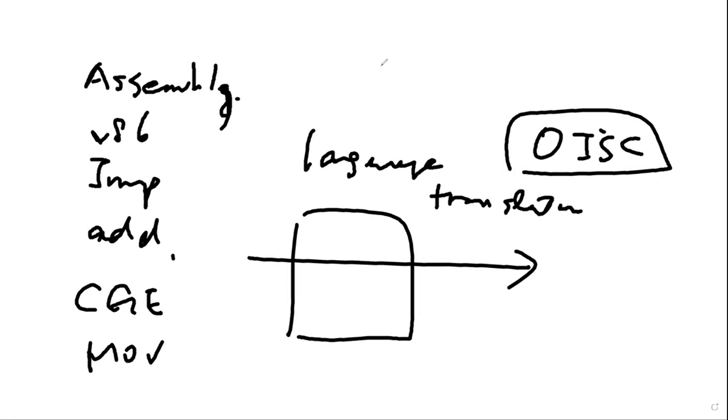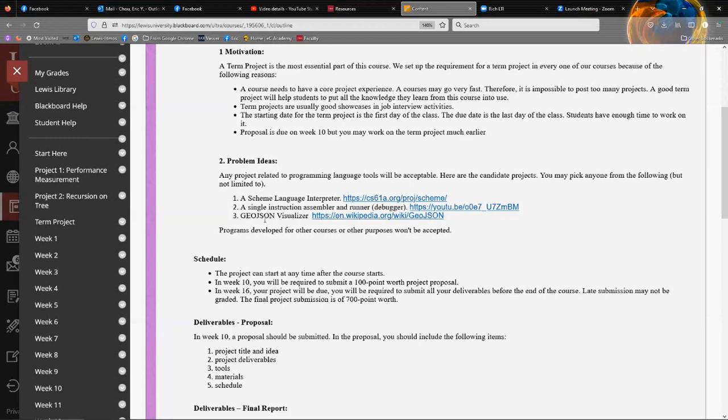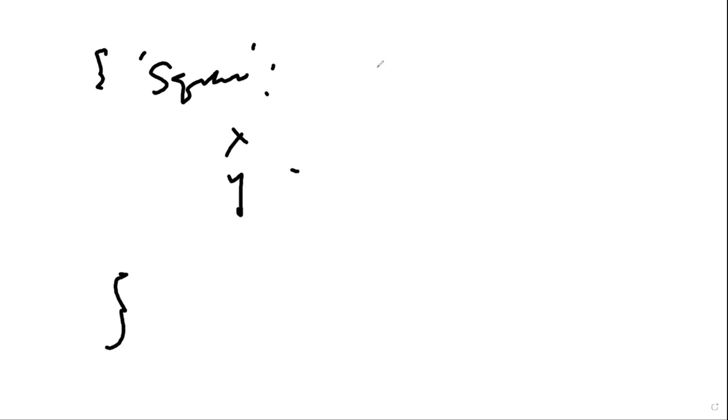Now let's look at another one. This is another programming language example. Third one is called GeoJSON. GeoJSON is a JSON file. JSON is an object notation. So basically you write down a certain JSON format, right? Maybe a square, maybe some SVG parameters, and it's in the JSON notation.